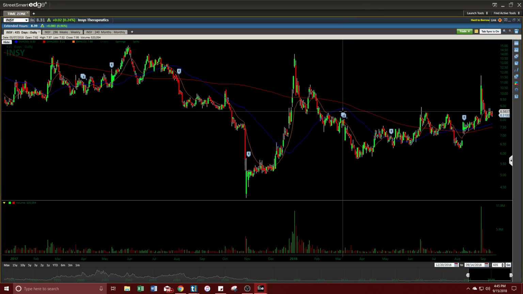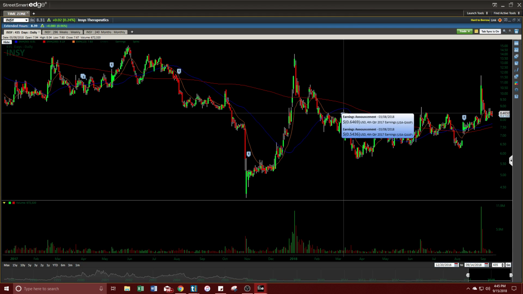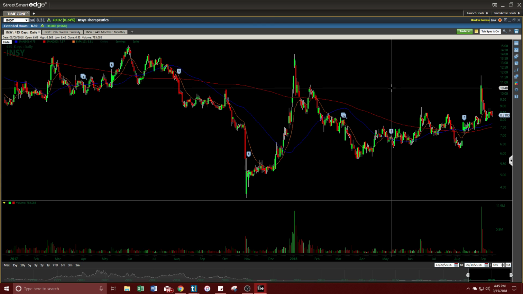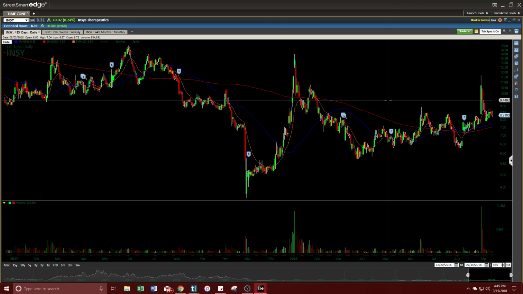And like I previously said, it's got this resistance right here at 844. And it's got room to run up to at least 1060, 1050 from what I can see.